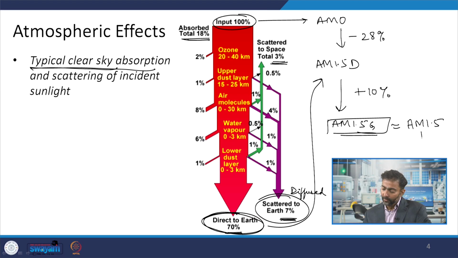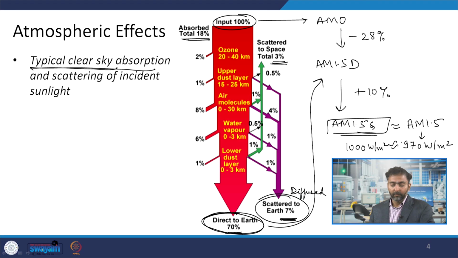And this AM 1.5, if you were to do the integration of all the spectral intensities, as we looked at the spectral graph, across the entire wavelength range there were different spectral intensities. So, if you were to do the integration of all the spectral intensities across the entire wavelength range for the AM 1.5 spectrum, you will get that this value is somewhere around 970 watt per meter square, which again has been rounded off to a broad value of 1000 watt per meter square.